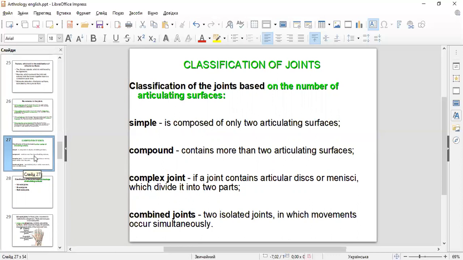Complex joint, if a joint contains articular disc or meniscus, which divide it into two parts. Combined joints, when two isolated joints in which movements occur simultaneously.